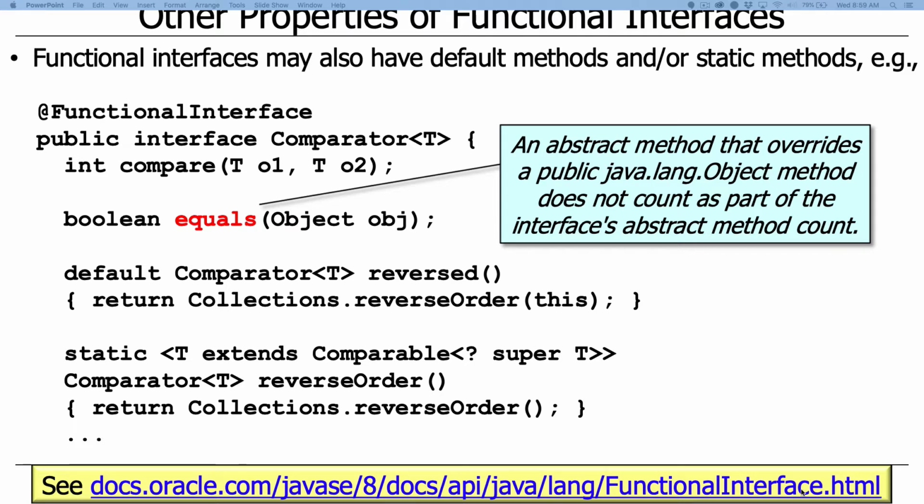It's the root of all classes in Java, implicitly. If you override a public method from that class, that doesn't count as part of the interface's abstract method count. So that's pretty freaking crazy, but that's the way it works. So they kind of have this special case for java.lang.Object.